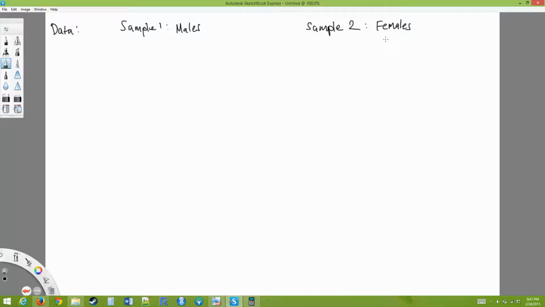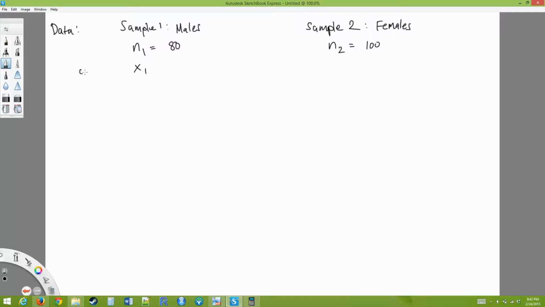It's an arbitrary choice, but once you make that choice, stick with it. Both samples have a sample size, so to distinguish them I'm going to put n1 and n2. Let's say we surveyed 80 males for n1, and 100 females for n2.